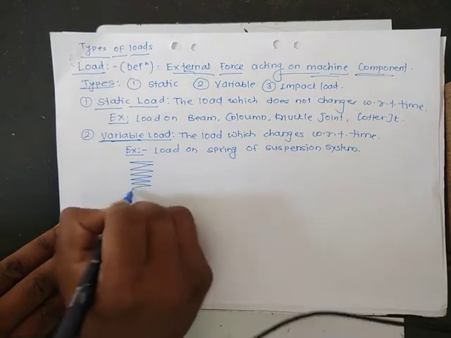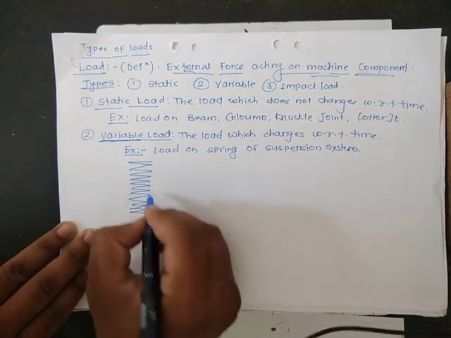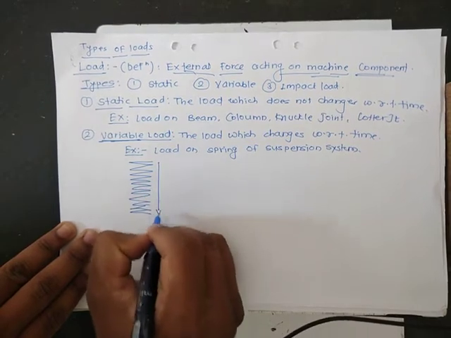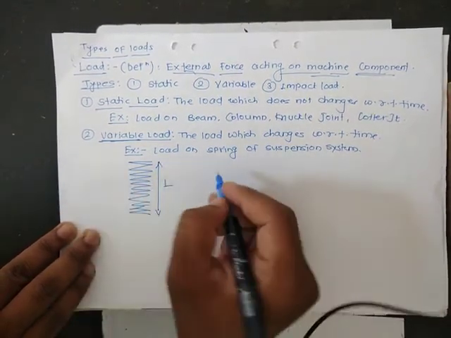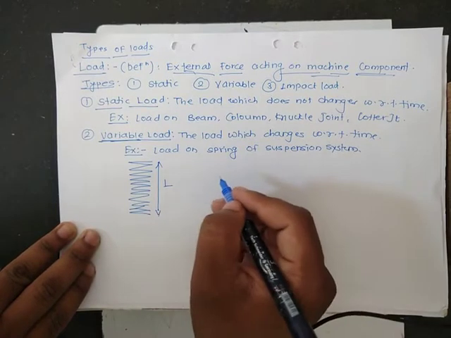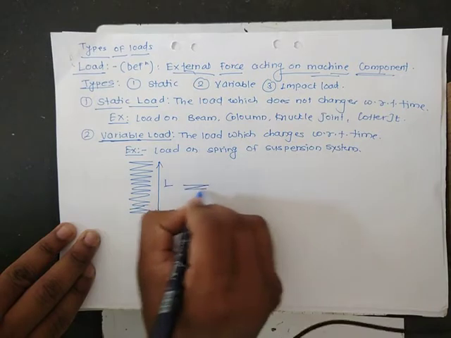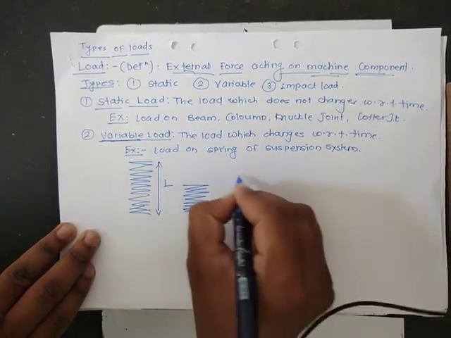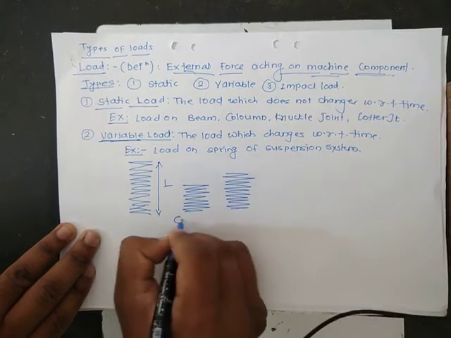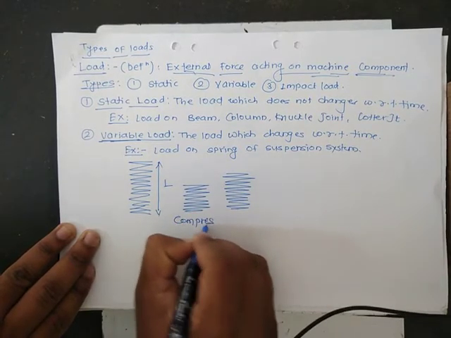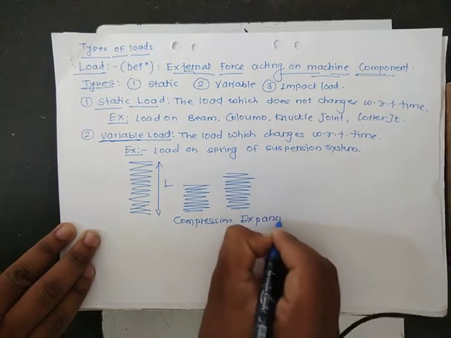Initially, when the automobile is steady, the spring has length L. But when the automobile is running, the spring is subjected to compression and expansion alternately.